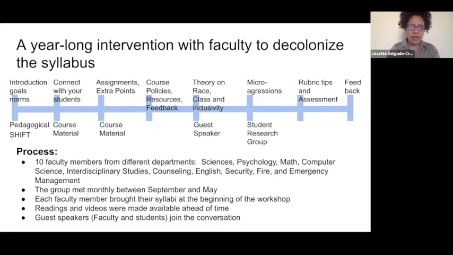We brought in a syllabus that we wanted to work on, and we had guest speakers. There were readings that we shared ahead of time. The person leading the workshop shared this with us ahead of time to help us build the type of knowledge that would allow us to make those changes.